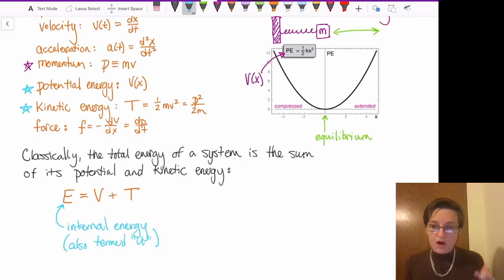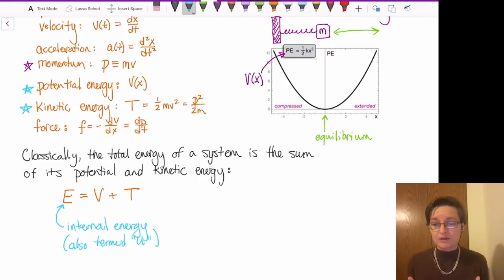And just like we talked about when you were doing thermodynamics, for a system that doesn't have any external forces acting on it, and I'll give a caveat, for a system where we don't really have to worry about entropy effects, which I promise we will not worry about until the very tail end of this course. So this mass on a spring, we don't really need to worry about entropy.